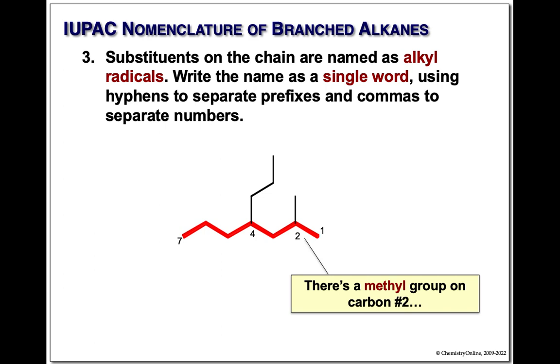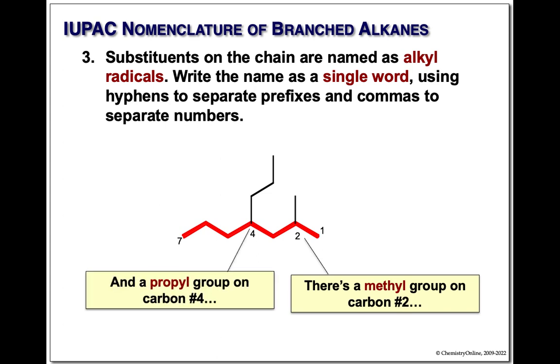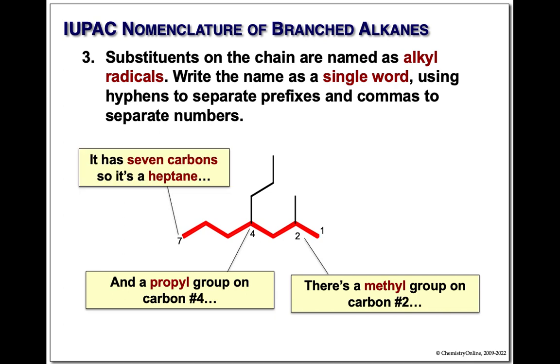Over here on carbon 4 we have a 3 carbon chain. That's a propyl. And our main chain has 7 carbons. That's a hept. This is an alkane, so we end it in a-n-e to show that the functional group is alkane.